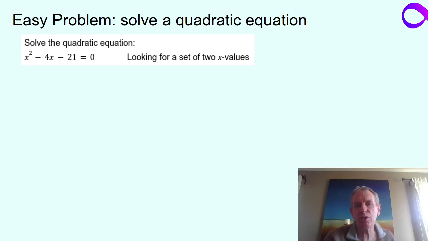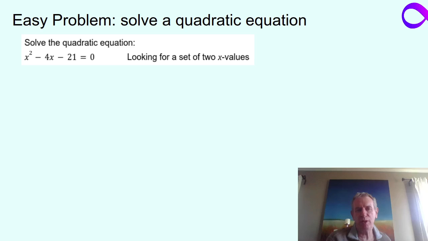So let's start just by looking at an easy question. Pretty much any Add Math student, if you got a question like this, you'd be like, yes, that's easy marks. x squared minus 4x minus 21 equals 0. You're asked to solve for x. You know that you're looking for a set of two x values.